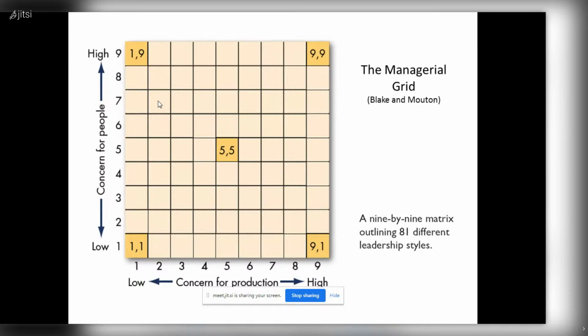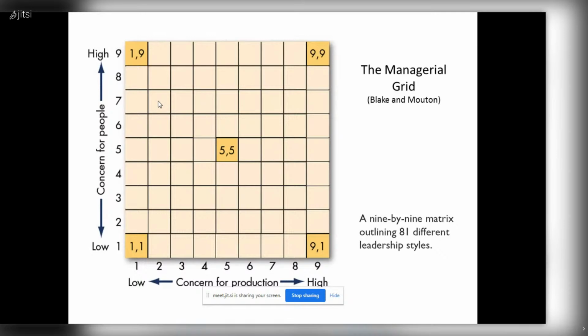Country club management, 1,9: low concern for production, high concern for people. And team management, 9,9: high concern for production, high concern for people. Of these five styles, the researchers concluded that managers performed best when using the 9,9 style.